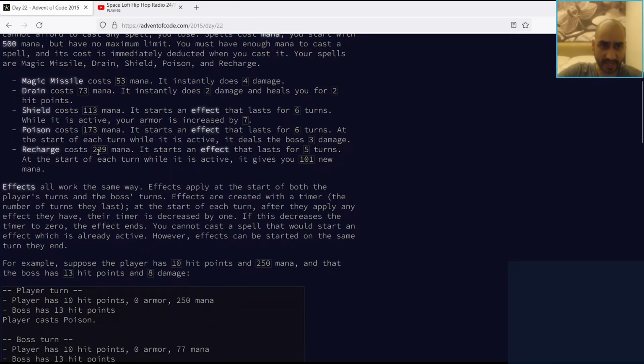So you're trying to basically find any path which gets the enemy to 0 health. That's the goal. Yeah, that's my guess for what I did.